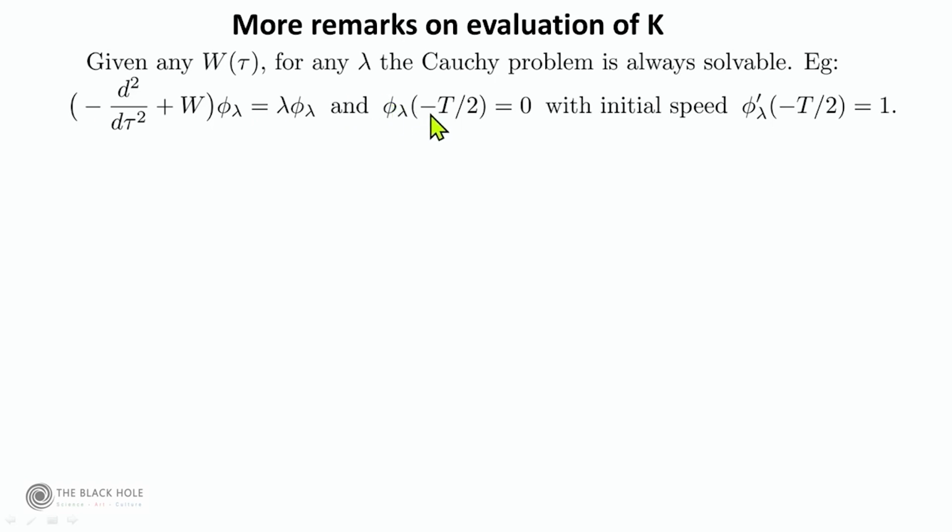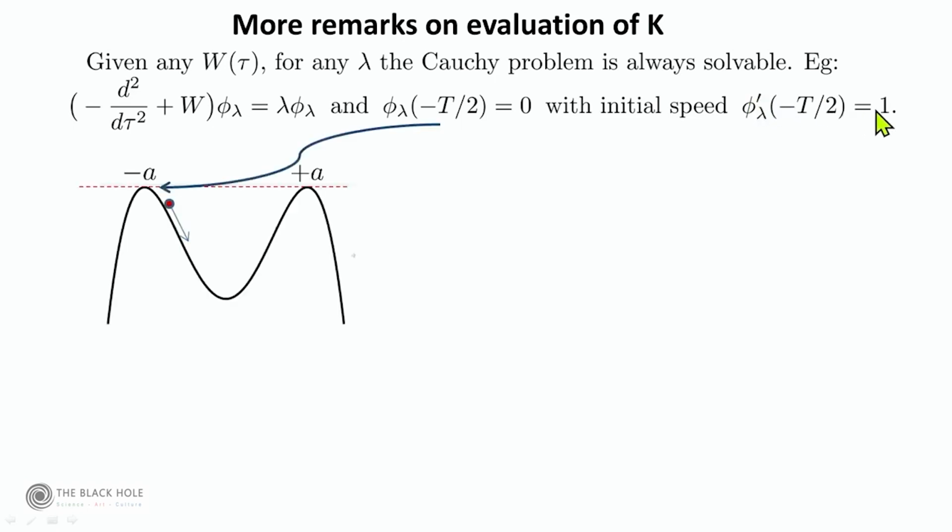Not boundary conditions, but initial conditions. So the ball starts off, let's say, at position 0 with initial speed equal to 1 or 2 or whatever. This means derivative, actually. I should have a dot over here. But that's clear here.